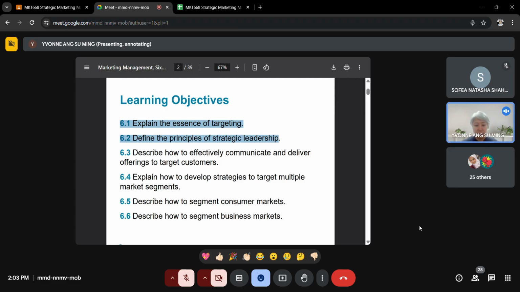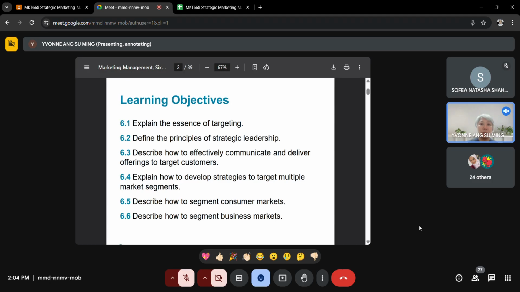So let's re-evaluate what we understand from targeting. And then after that, we will look at segmentation and targeting from a strategic point of view, all right? Then after that, we go on to look at how we deliver the offerings to the target customers.